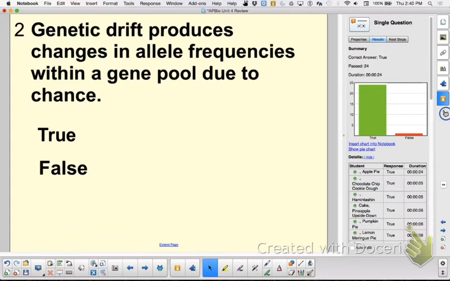Adaptations. If you are in true Hardy-Weinberg equilibrium, that means that there is no change in allele frequencies, and what is not occurring? Evolution. Evolution is not occurring.